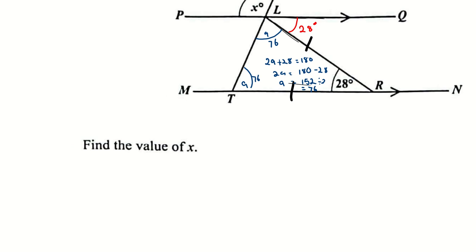So I would say that x is vertically opposite 76 plus 28, which is 104. And we know vertically opposite angles are equal, so x is equal to 104 degrees. And that is how you would find this angle here.